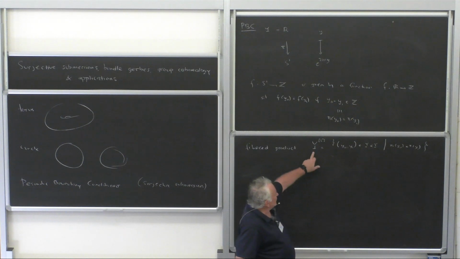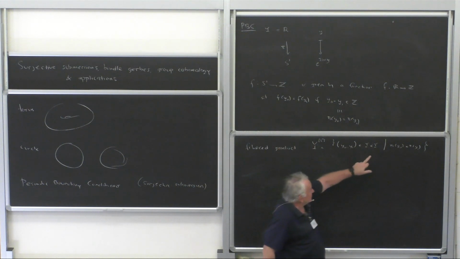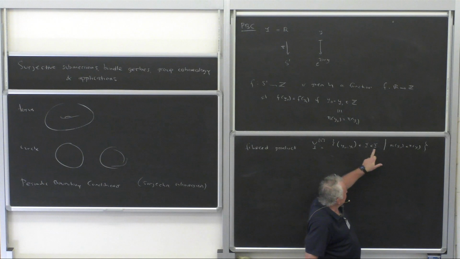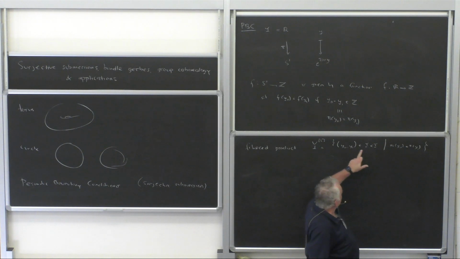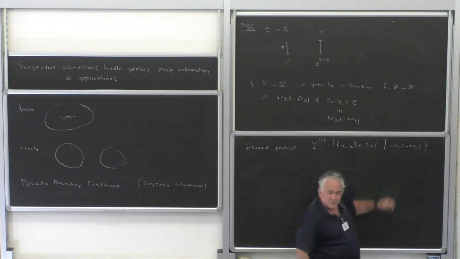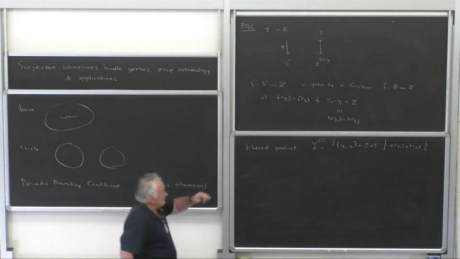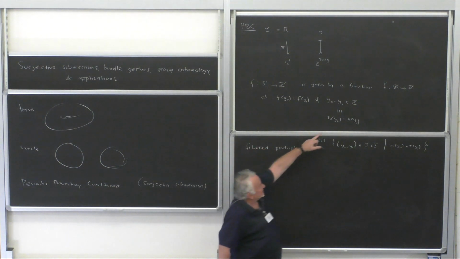So it's fibered over the base by saying that these two elements in Y, in the two copies of Y, should map to the same element in the base. So that's just another way of saying this situation over here.